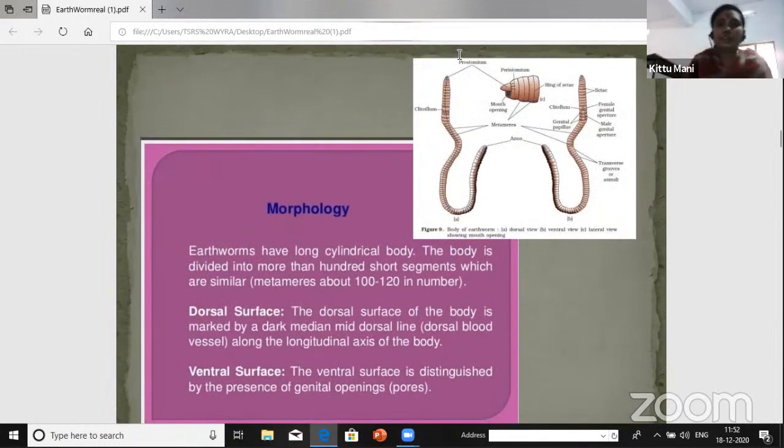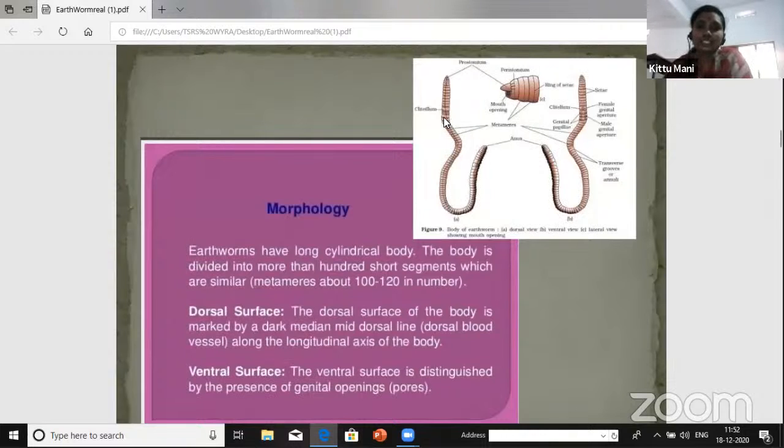What is morphology? The structures, the organs which are located and how the total body is made up. Here, the earthworm has a long cylindrical body. We will observe this in the picture.